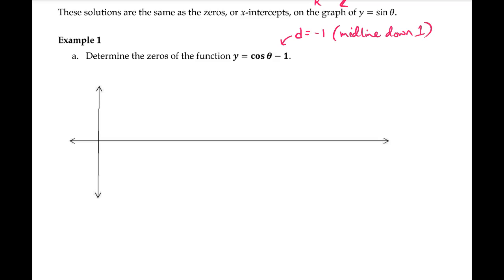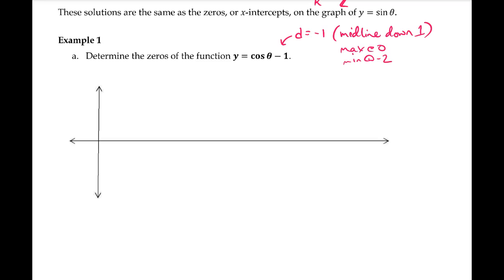I have no a value, which means that my maximum and minimum are going to be 1 away from my midline. So instead of being at 1 and -1, my max is going to be at 0, and my minimum is going to be at -2.